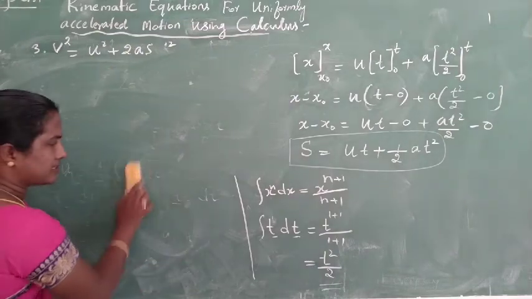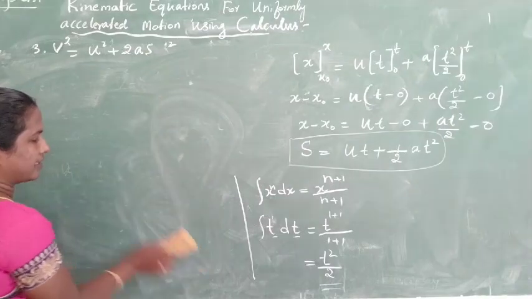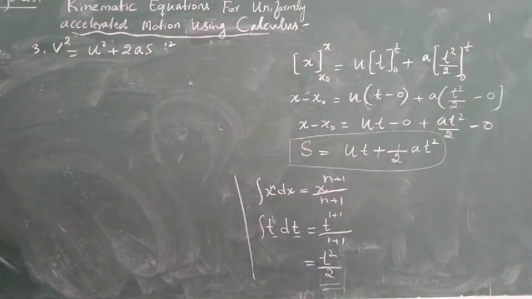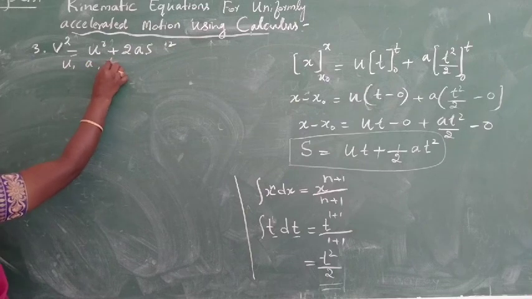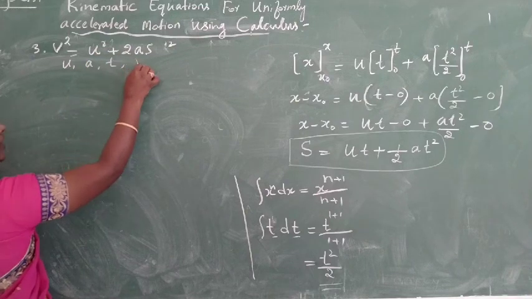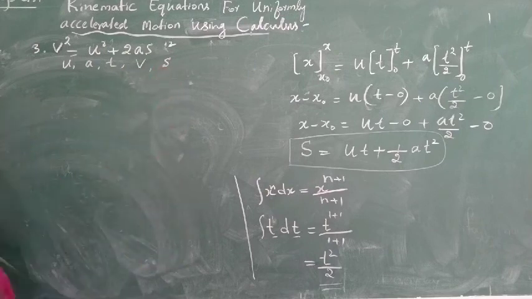So for this, let us consider again the same direction, that is the acceleration. So here, as the body is moving with the initial velocity u with the uniform acceleration a at time interval t, then v is the final velocity and s is the displacement made by the particle.